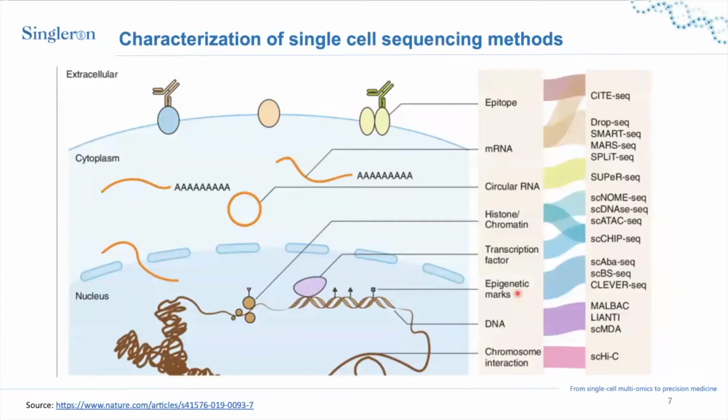Before I get into that, there are many different single-cell sequencing methods available, depending on your research question. If you're interested in epitopes that are on the cell surface, then single-cell CITE-seq can be one option. If you're interested in histone chromatins, then single-cell ATAC-seq can be an option, or single-cell ChIP sequencing can be an option.